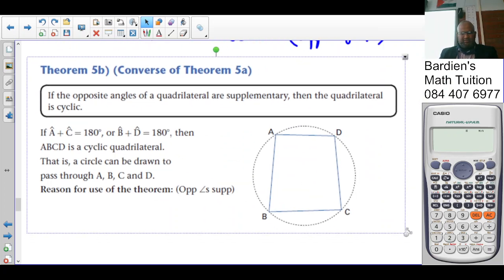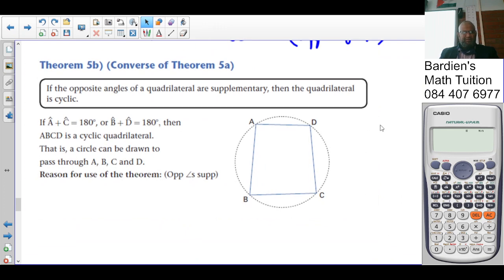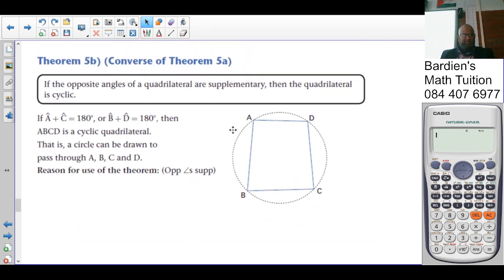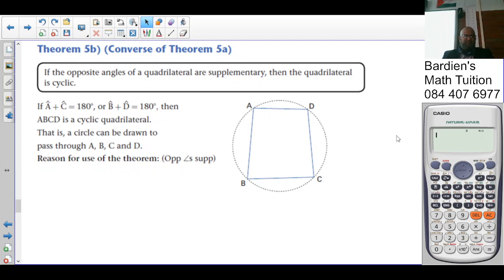So write this down, that wording there. Theorem 5b, which is the theorem of the converse of theorem 5a. If opposite angles of a quadrilateral are supplementary. So you're not supposed to be seeing the circle. Okay?